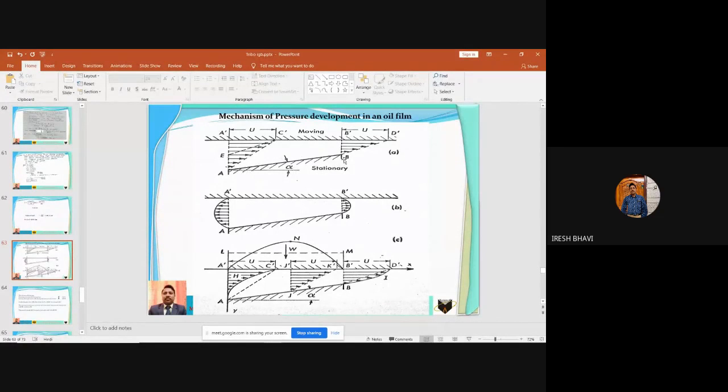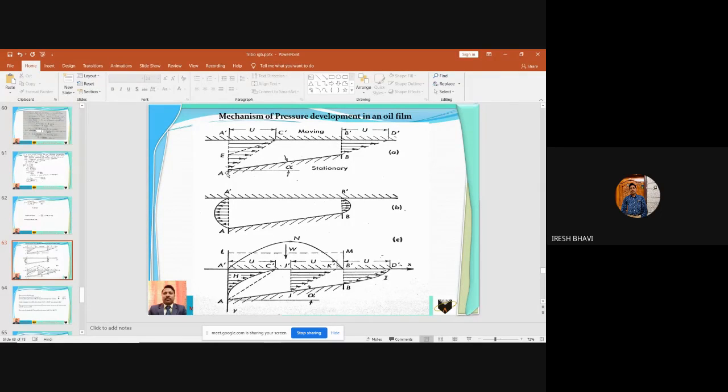Then suppose the shaft is moving with a linear velocity u, where u is equal to pi d n by 60. Suppose n is the rpm of the shaft, then the velocity of the shaft u is pi d n by 60, where d is the diameter of the shaft. Okay, so the upper plane will be moving with a velocity u, that is, the shaft is moving with velocity u, and the lower plane is stationary, that is, the bearing is stationary.